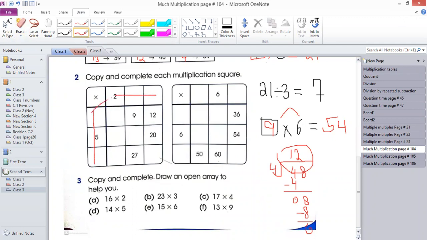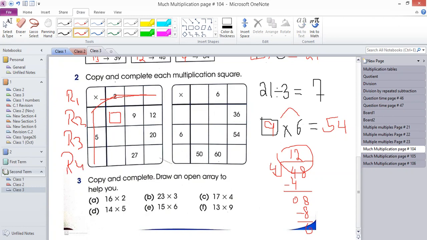When you multiply these numbers, the answer will be here. This is row 1, R2, R3, and R4. These are the rows, okay?